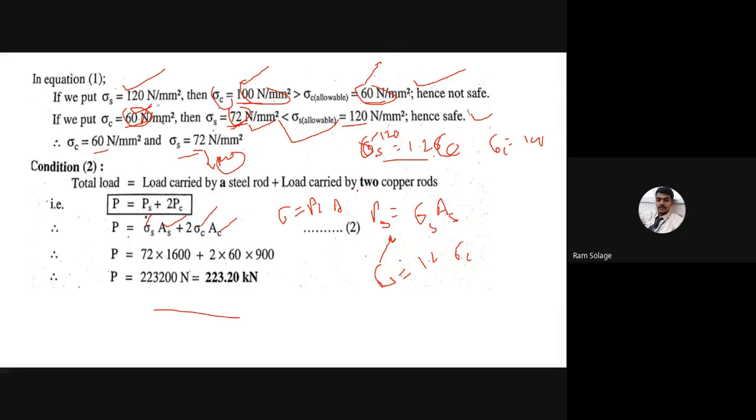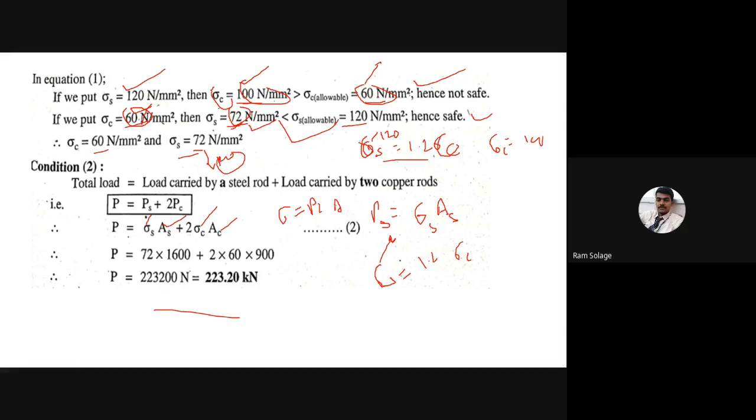Now it is over. This problem is over. Check the final solution. Correct. Diksha Admile, previously we got the wrong answer, but now it is correct. 223.2 into 10 to the power 3.